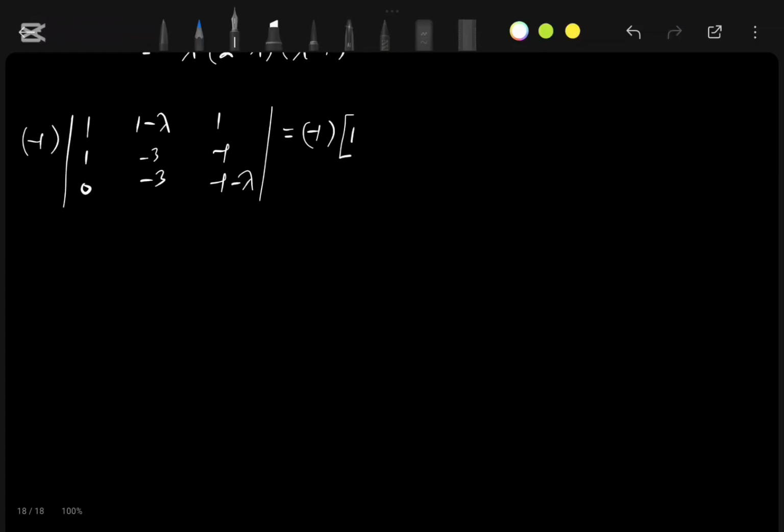So we have 1 multiplying minus 3 into bracket minus 1 minus lambda, minus 3 times minus 1, which is 3, and we have minus 1 minus lambda into bracket 1 times minus 1 minus lambda minus 0, and we have plus 1 into bracket minus 3 and minus 0.